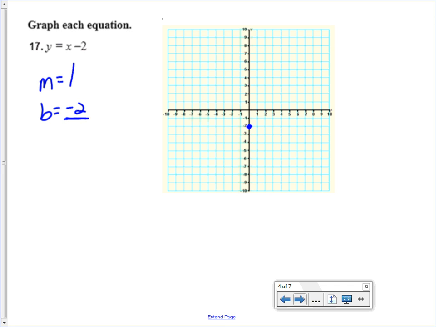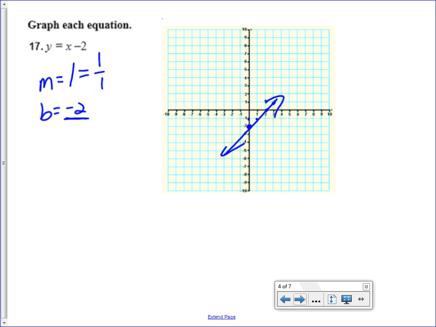So that's where we start on the y-axis. That's our y-intercept, so we're starting at a -2. A slope of 1 means 1 over 1, which means you're going to go up 1 and over 1. Up 1 over 1. So I'd have this line formed right here. You could also go down 1 and back 1. That would form the same line.